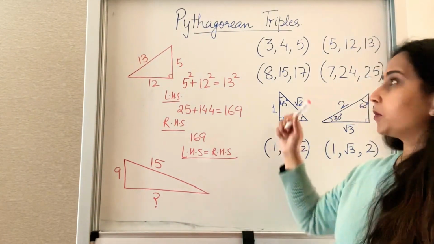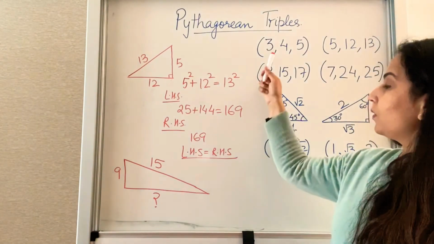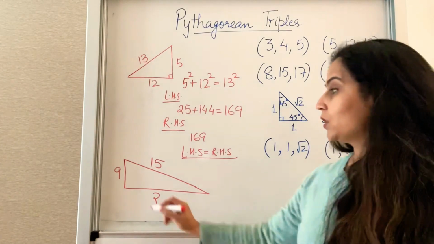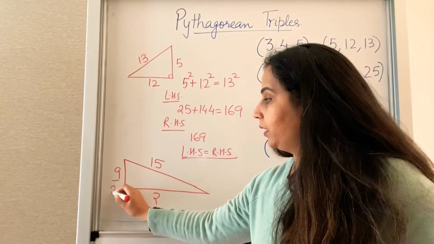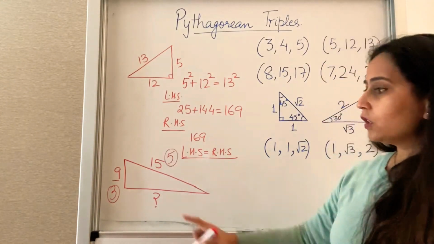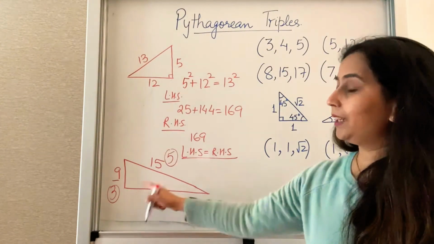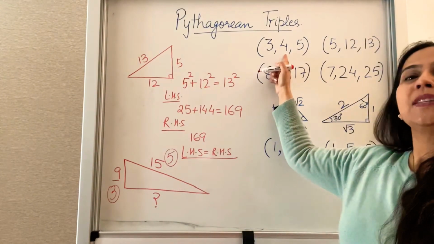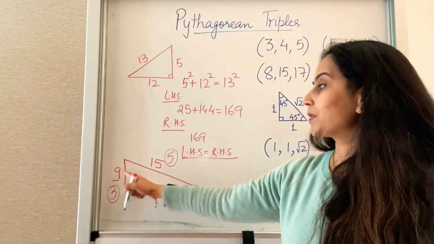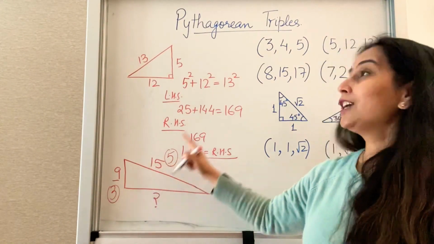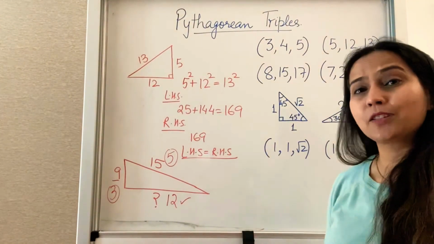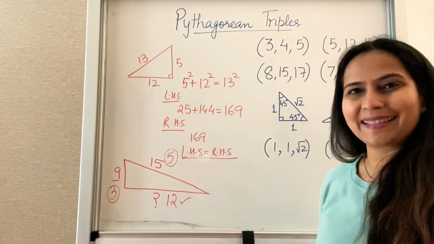Now, if you look at the triplets which you already know, for 9 and 15, the common multiple is 3. 3 times 3 is 9 and 3 times 5 is 15. So look for the Pythagorean triplet which has 3 and the longest side 5. It's here. So the middle number is 4, and this side is a multiple of 4. So this was 3 times 3, this was 5 times 3, 15, so this will be 4 times 3, which is 12. So automatically you know that this side is 12. You need not go through the process of calculating it.